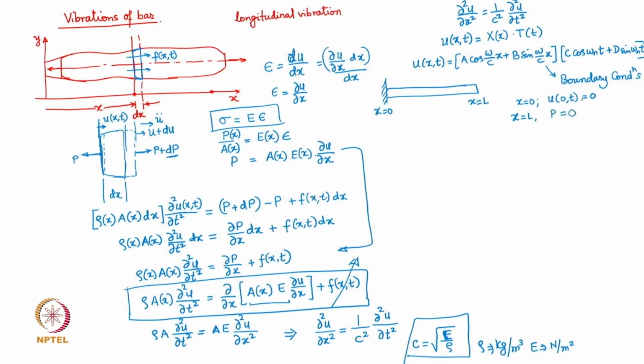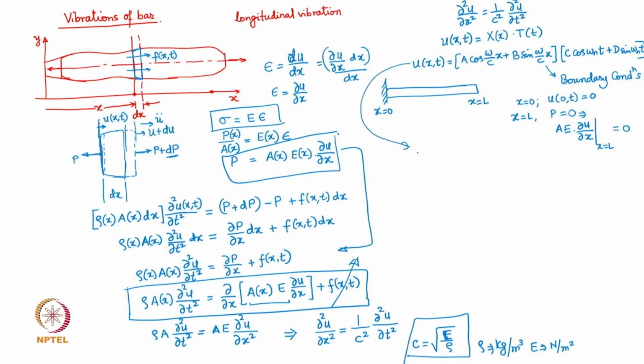There is no external loading acting at the extreme end, which means that A E dou u by dou x at x equal to L is 0, so the gradient of the vibratory displacement along x is equal to 0.